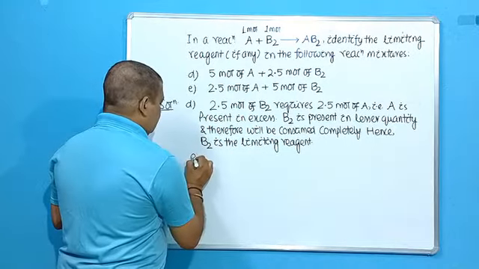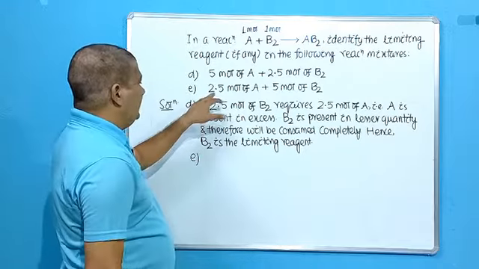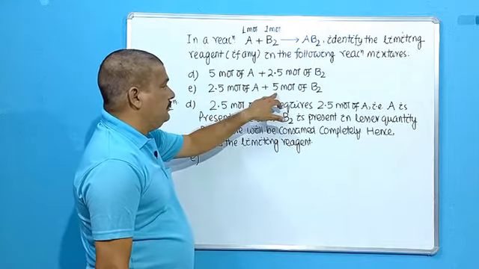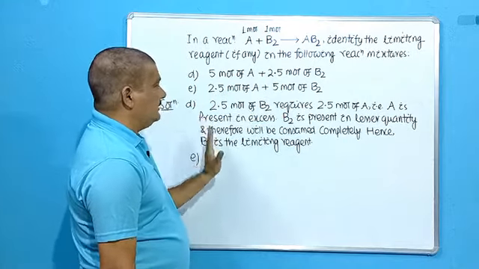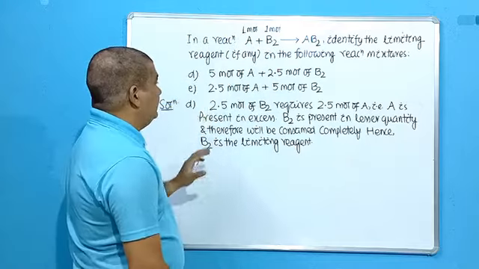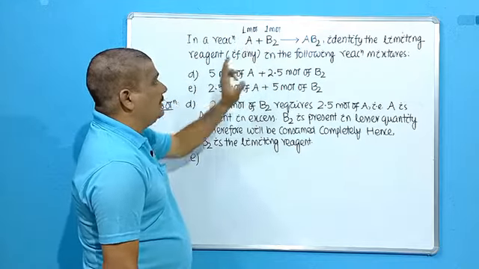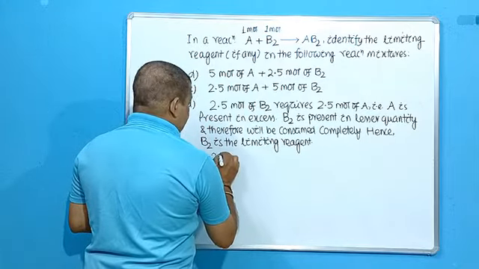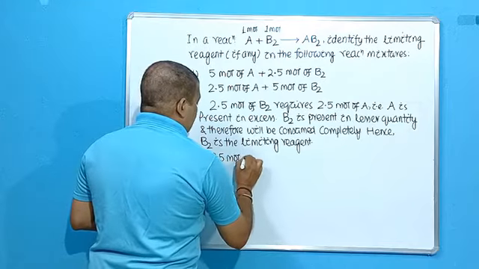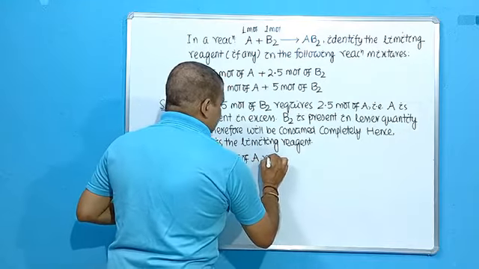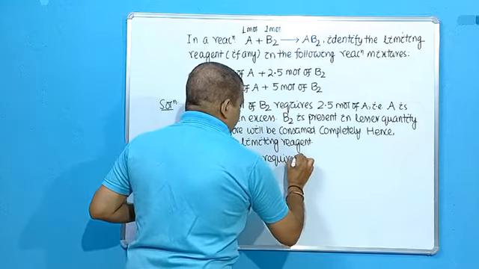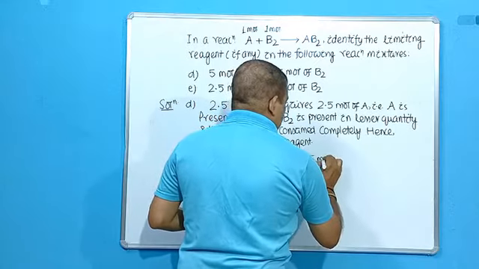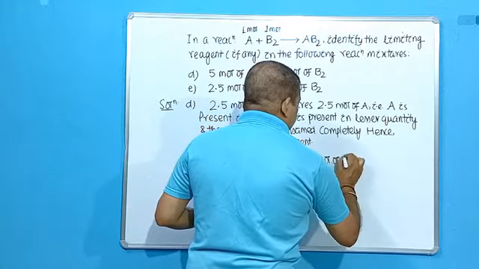Then coming to question E. What is given here? 2.5 mole of A is mixed with 5 mole of B2. We will start from this one. Again, looking at the balanced chemical equation, 1 mole of A requires 1 mole of B2. That means 2.5 mole of A requires how much? 2.5 mole of B2.